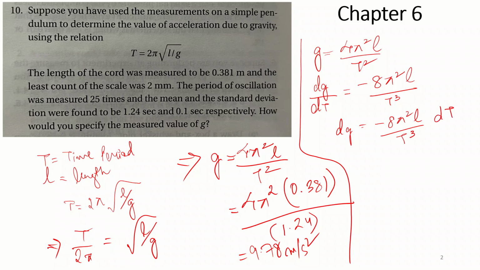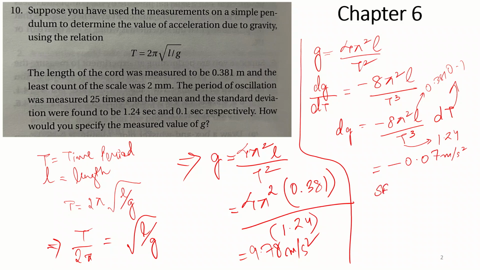Here we have the value of dT, which is 0.1, and L is 0.381, and T is given as 1.24. So everything you calculate, you will get minus 0.07 meter per second squared.